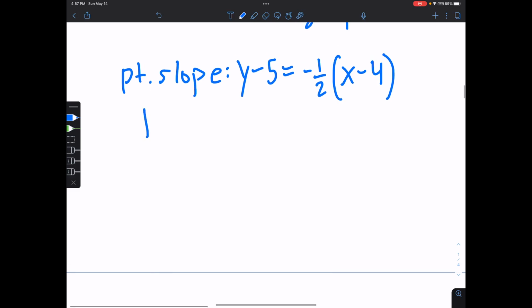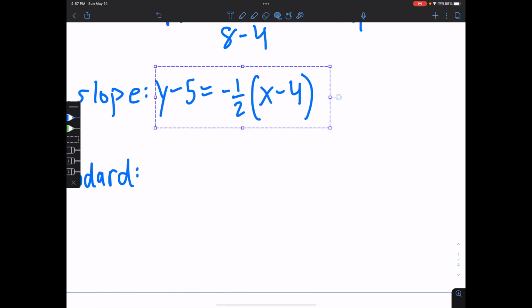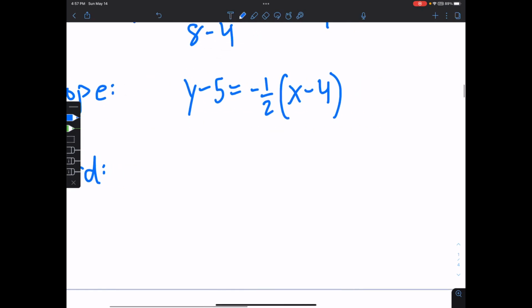If we want to go from point slope all the way to standard form, what I'm going to do here is, if we look at our equation, what if I multiply both sides of the equation by negative 2?